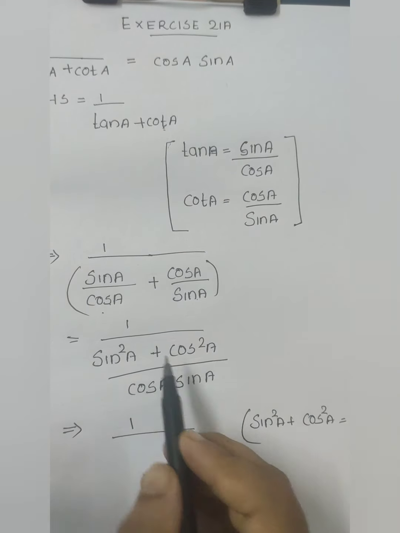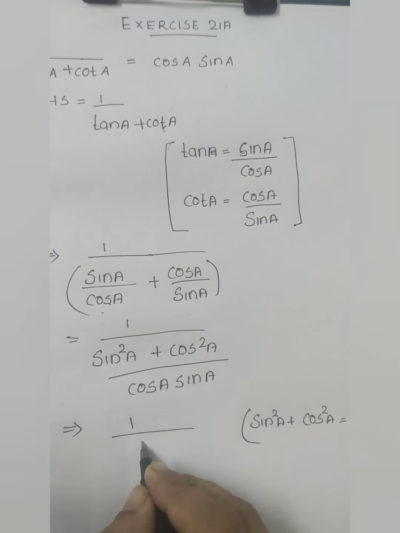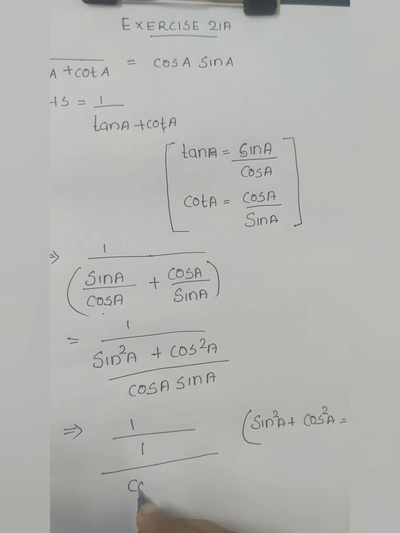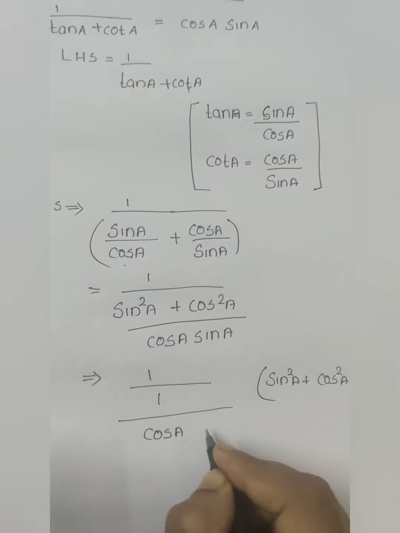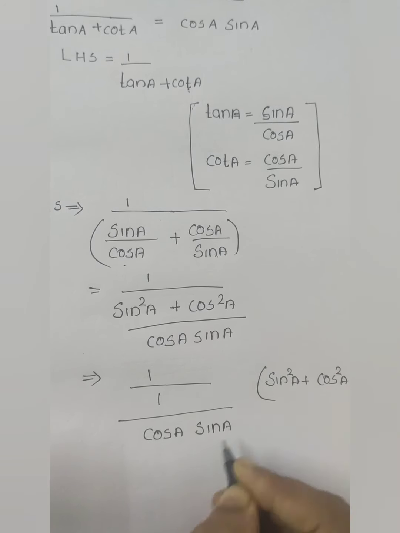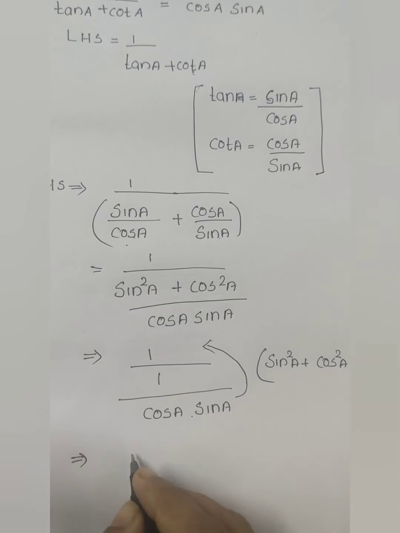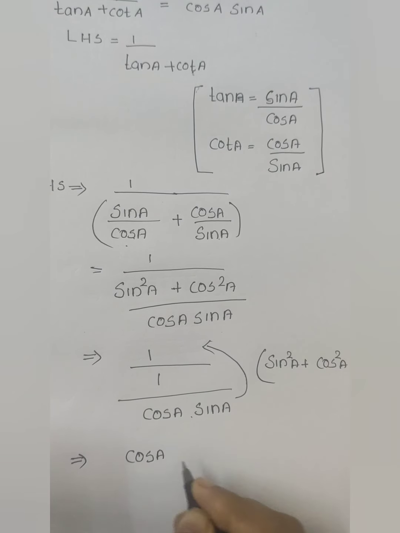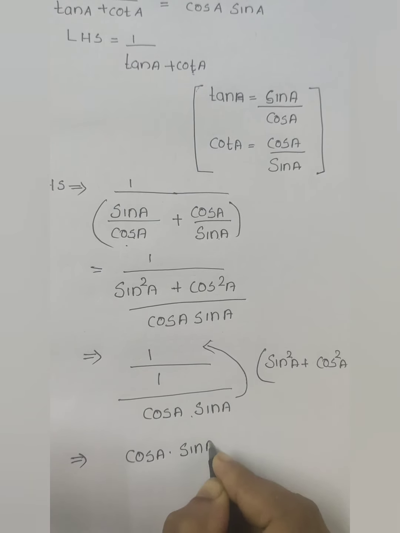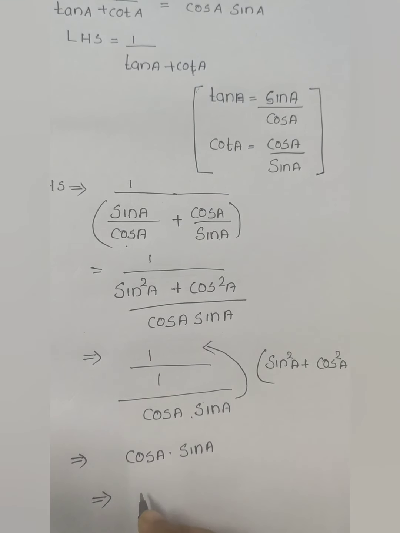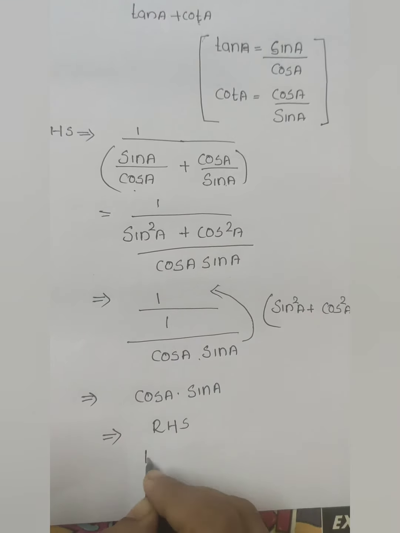Substitute this value here. So we will get 1 by 1 whole divided by cos A into sin A. Now this term will move to the numerator. So cos A into sin A, which is equal to the RHS, hence proved.